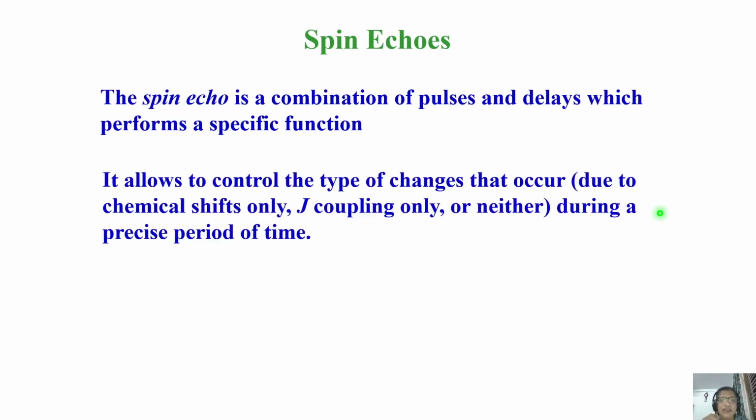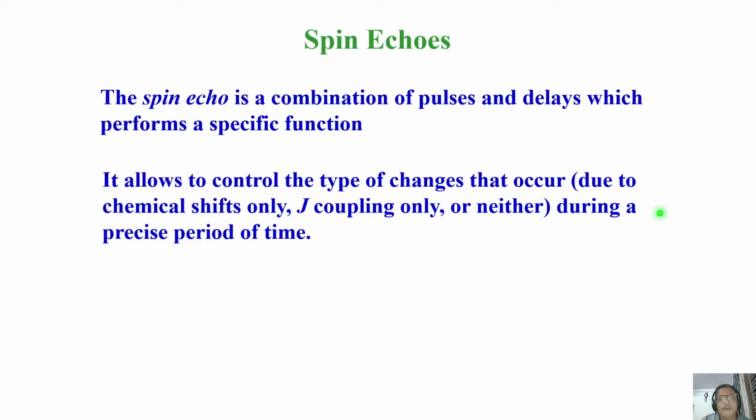We can have several types of experiments. Using spin echo, we can control the changes that occur because of chemical shift only. We can set a delay between the pulses, and during this delay, I will explain what happens. We can find out whether only chemical shift will refocus or only J coupling will refocus.